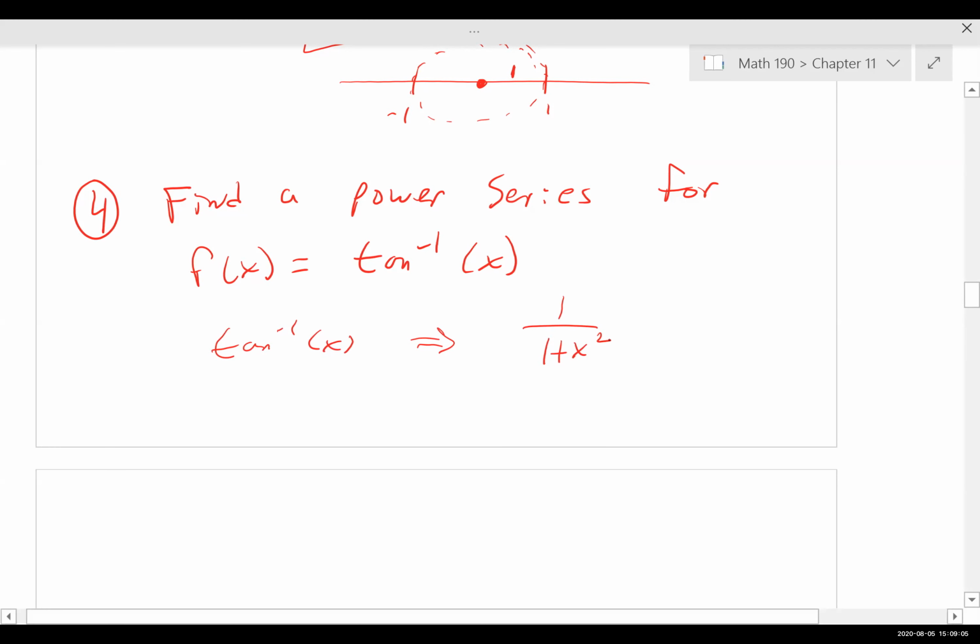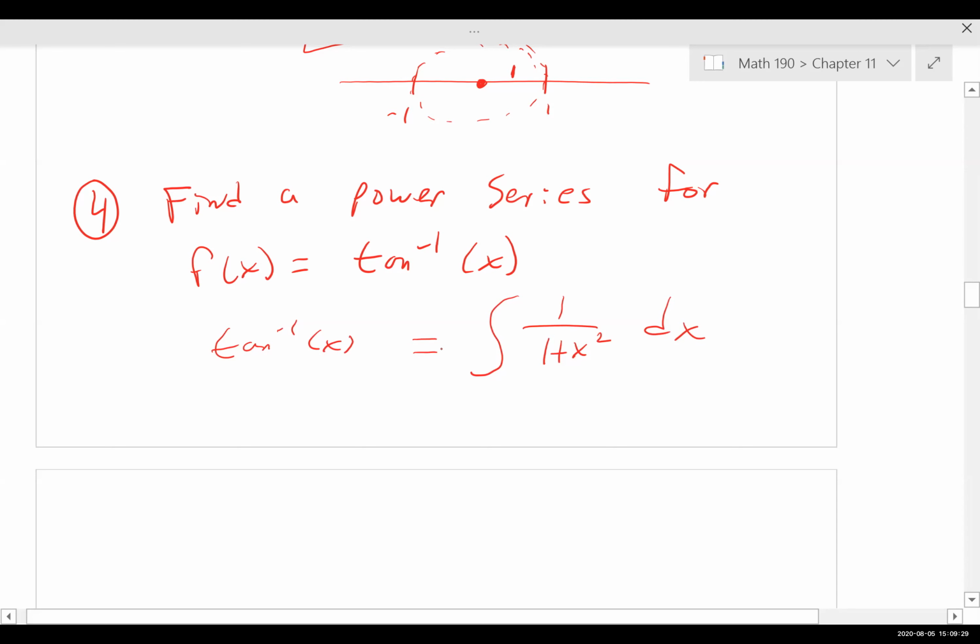x squared? Well, isn't the integral of 1 over 1 plus x squared dx equal to inverse tangent?